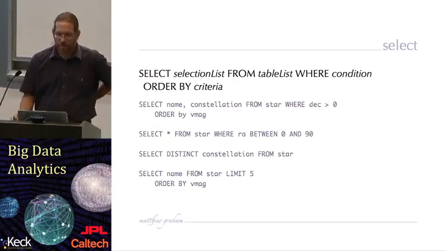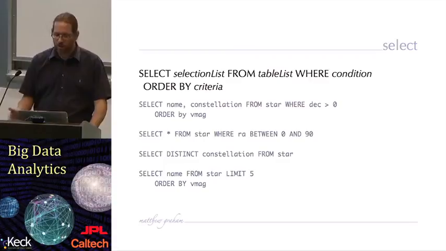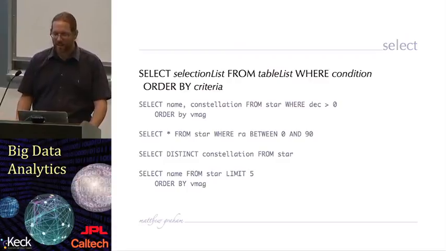So in those two where condition statements, you can see where we can put in logical constraints. Or if we want a range, we could say RA is greater than 0 and RA is less than 90, but there is this word BETWEEN AND that we can use in the where statement to put those together.